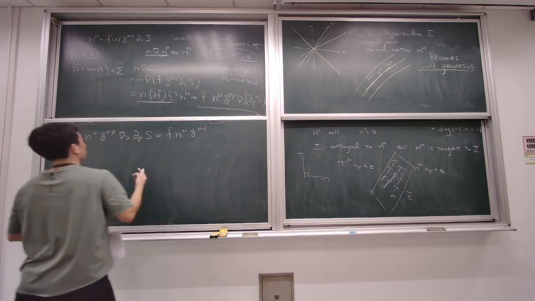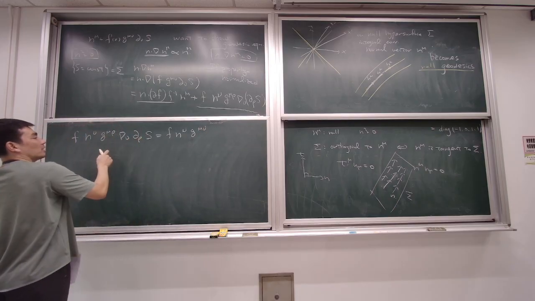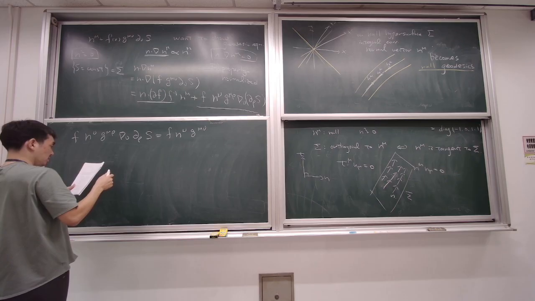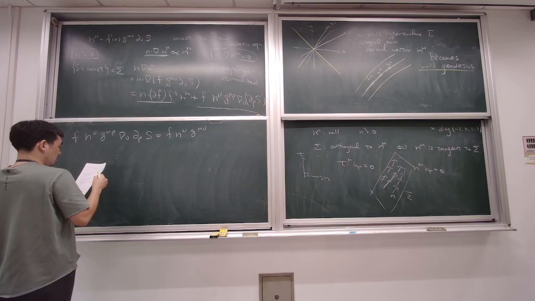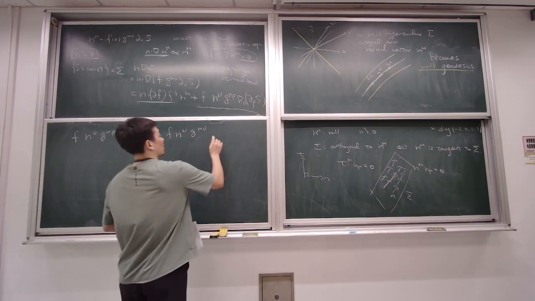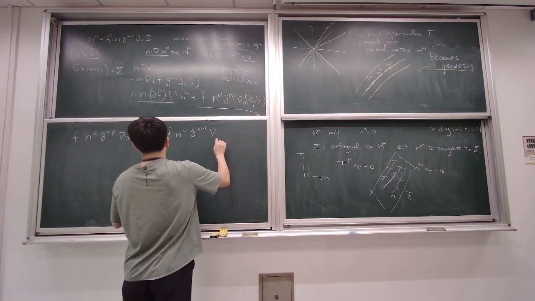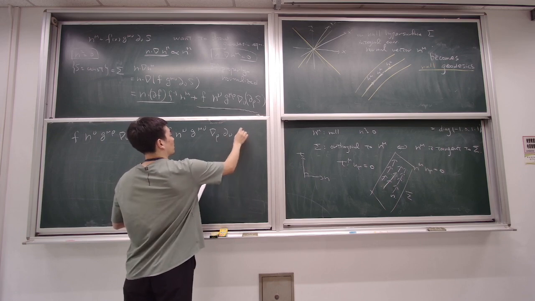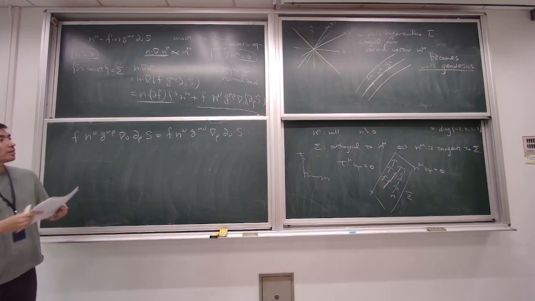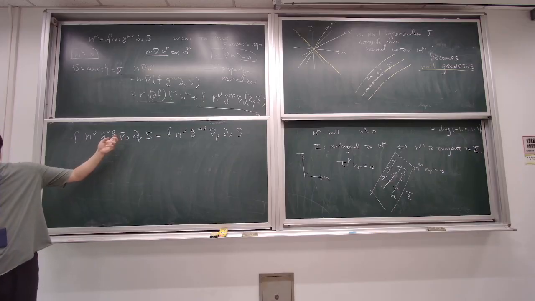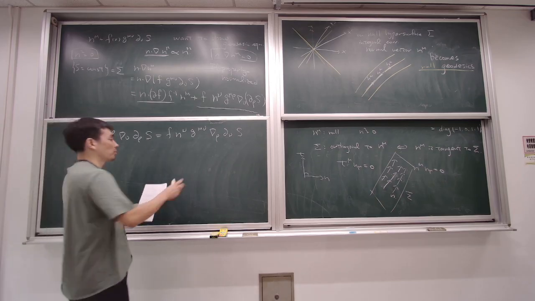And you can just swap the indices, that's okay. Here it's a derivative, and if you use the property of the nabla, you can swap the indices.